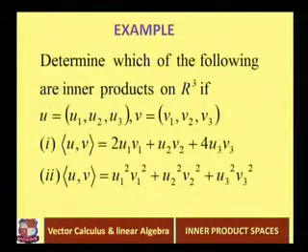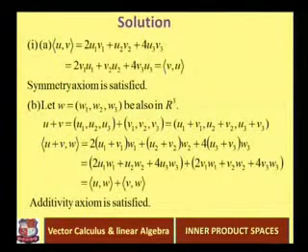The other function is defined as inner product of u comma v equals u1 square times v1 square plus u2 square times v2 square plus u3 square times v3 square. First of all, we solve for the first function: inner product of u, v equals 2 times u1 v1 plus u2 v2 plus 4 times u3 v3.